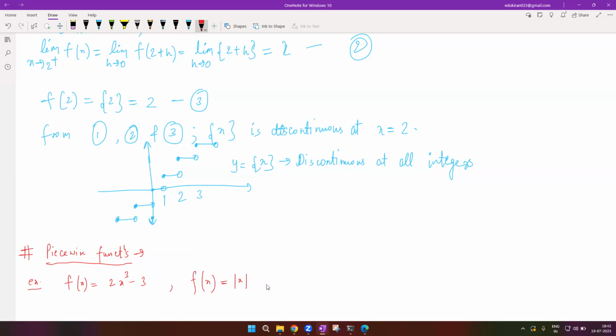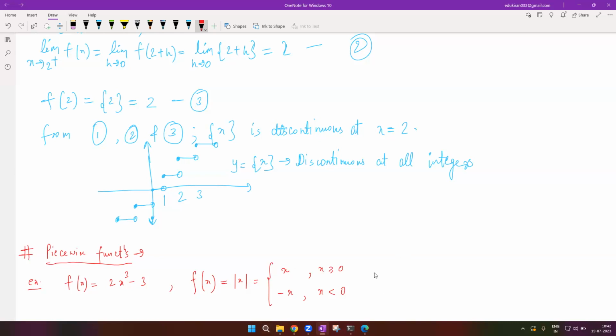But if we define the modulus function, it is defined like this: either the value will be x if x is greater than or equal to 0, or the value will be minus x if x is less than 0, right? Right now, there are two expressions for the function. f(x) can take the value x, and also f(x) can take the value minus x. It depends on what the value of x is.